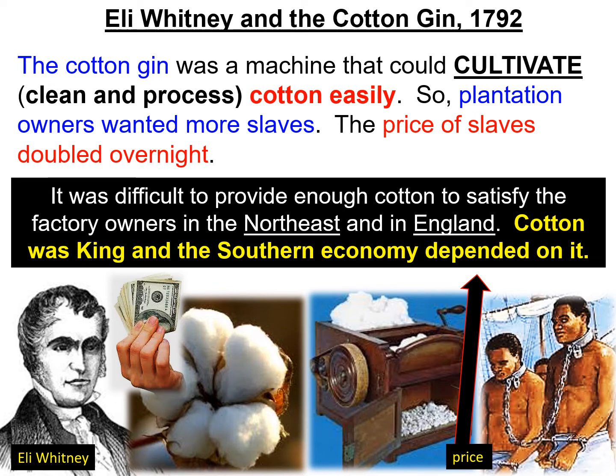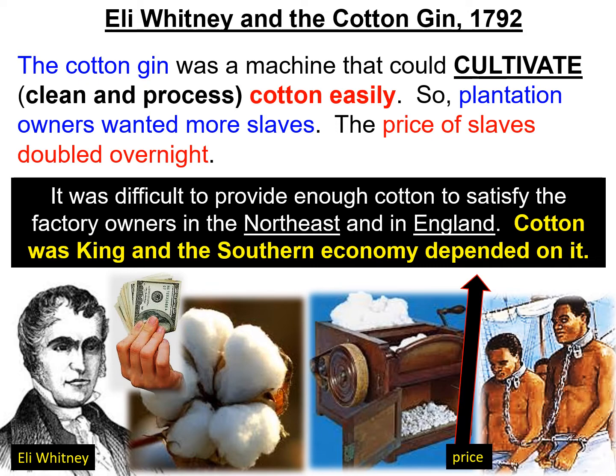Now, this machine has consequences because during this time in history in 1792, right before that time, slavery was going down. People thought that slavery was just going to fade away. But because this machine can clean the cotton so fast, a lot of people in the South started buying more slaves.